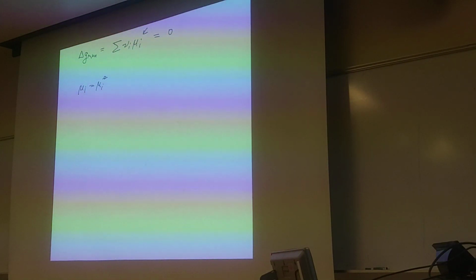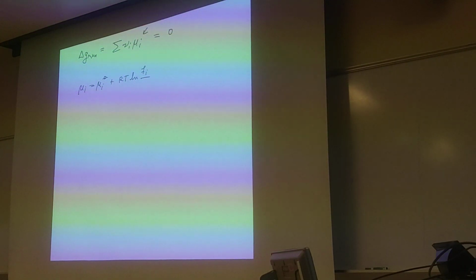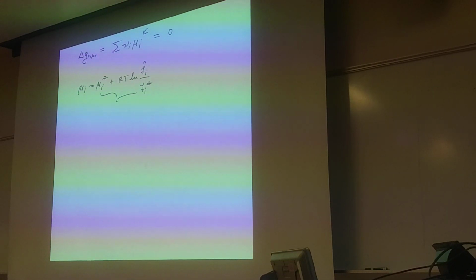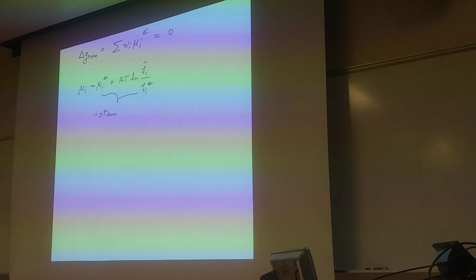That little circle with a line through it is called a plimsoll. So that would be the fugacity, whatever it is, it may have a hat on it or not, over the fugacity in the standard state. And what these refer to is what we call the standard state.